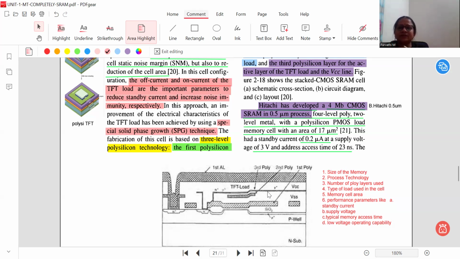Then the typical memory access time; as just mentioned, access time depends on the amount of current drawn while writing or reading the data. And then low voltage operating capability: how far we can reduce the voltage such that the cell information can still be written or retrieved. All these parameters are important for observing the upgradation of memory technologies.